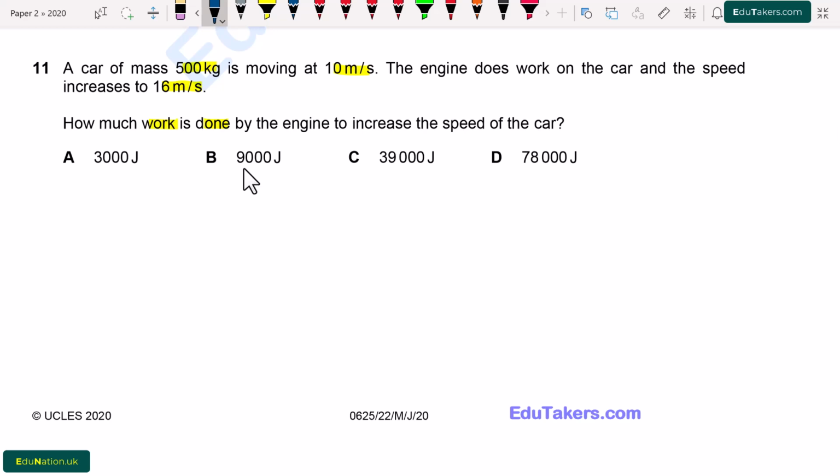So the change in kinetic energy actually appears in the form of work done on the body. So I use here the work energy principle, that work is equal to change of kinetic energy of the body.